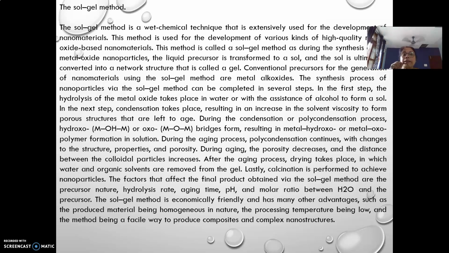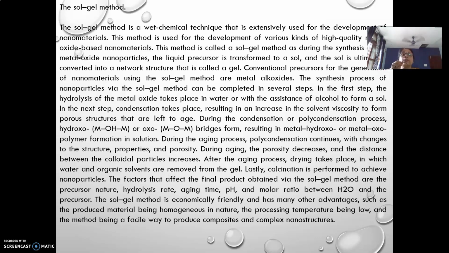That means material where any one of the XYZ dimensions is in the nano range, that is within 1 to 100 nanometer.